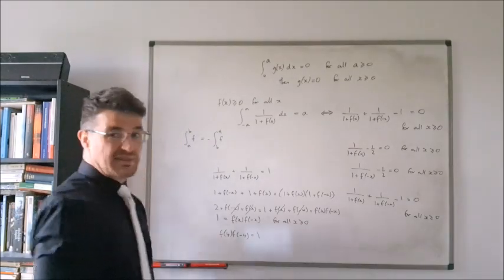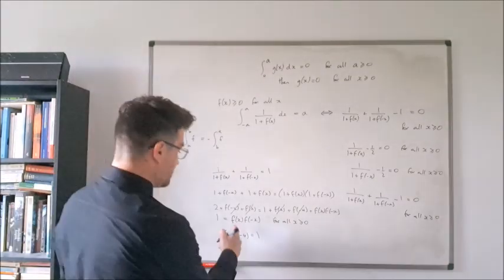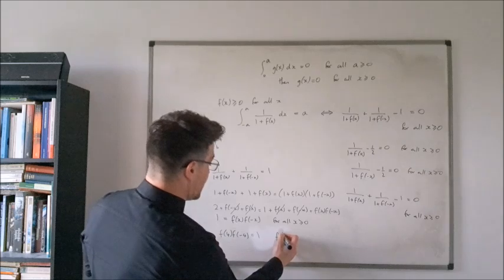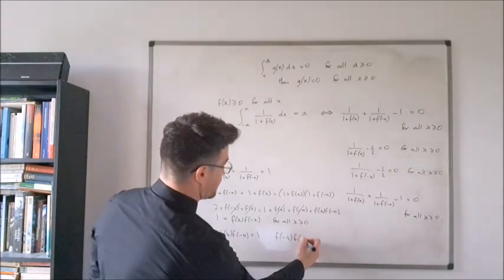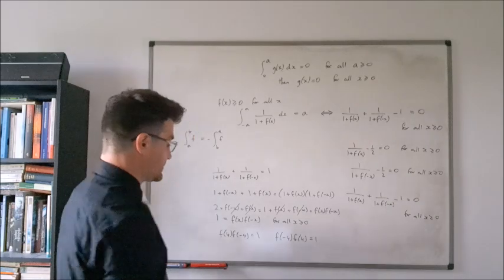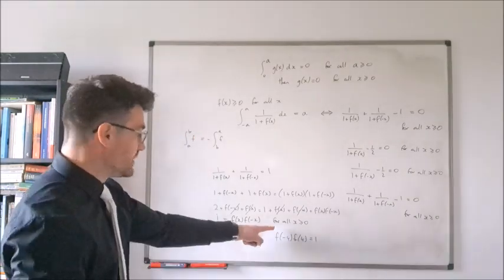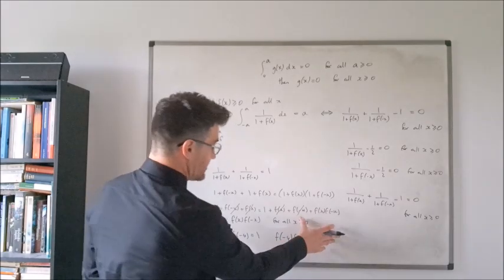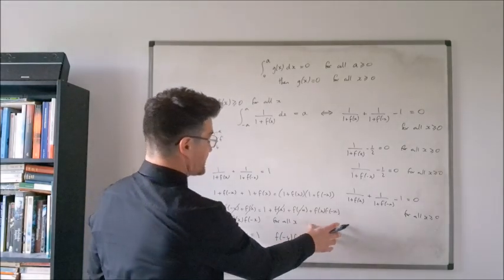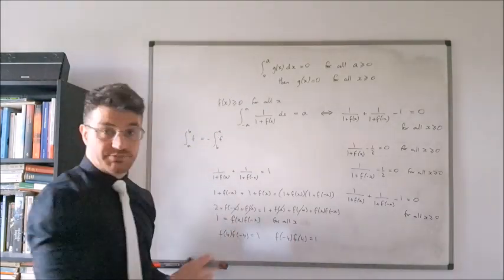But now if we choose x equals minus 4, what would we get? We get f of minus 4 times f of 4. So we get the same thing, right? So we could actually extend this from for all x greater than or equal to 0 to just for all x by the symmetry of this expression.